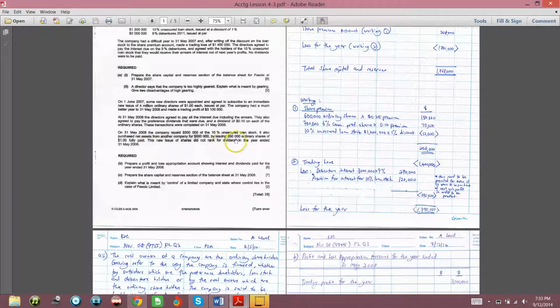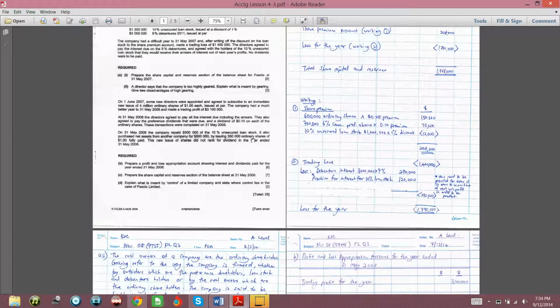So this company takes 800,000 of net asset from the other company, and gives 350,000 ordinary shares to that company, not to its own existing shareholders.